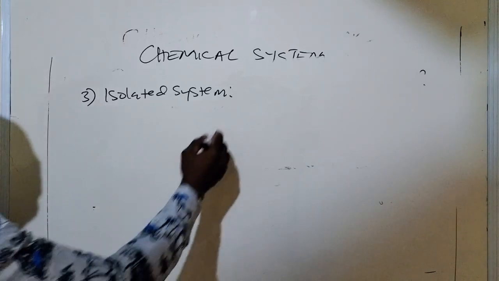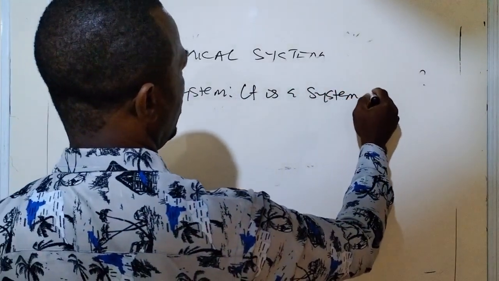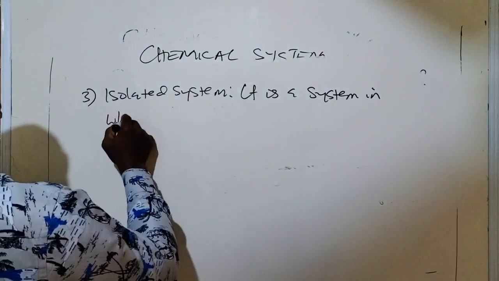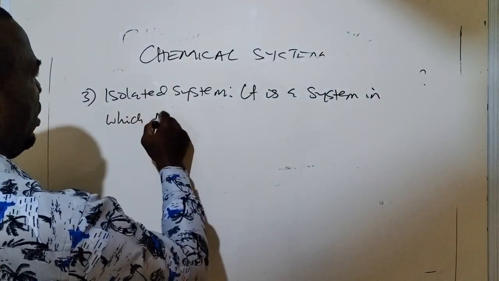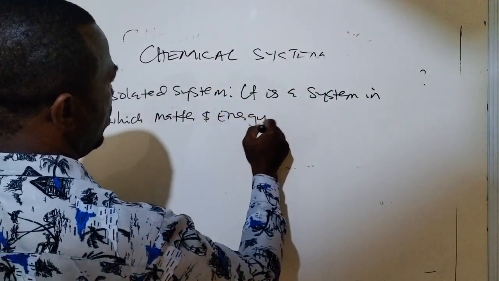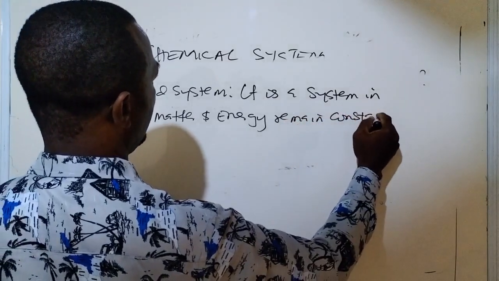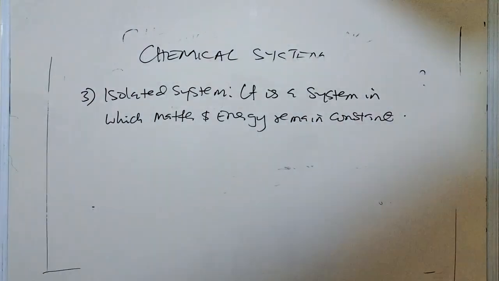It's a system in which matter and energy remain constant. That means in this kind of system, matter is not exchanged with the surroundings. Energy is also not exchanged with the surroundings. So matter and energy remain constant.